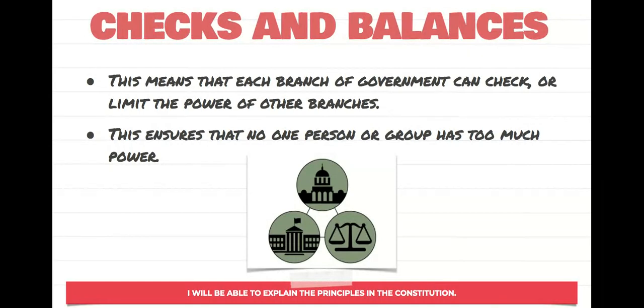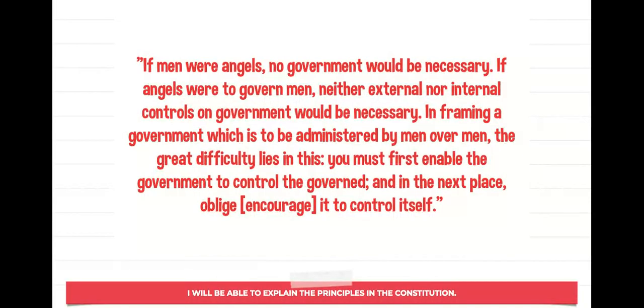Okay, so for example, I want to read this. This is Thomas Jefferson. He said, think about, as I read this, how this applies to what I just said about checks and balances. If men were angels, no government would be necessary. If angels were to govern men, neither external nor internal controls on government would be necessary.